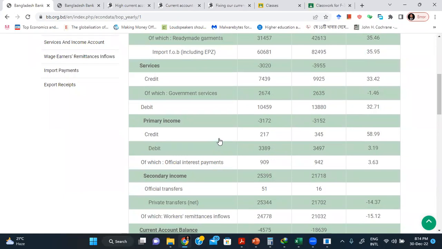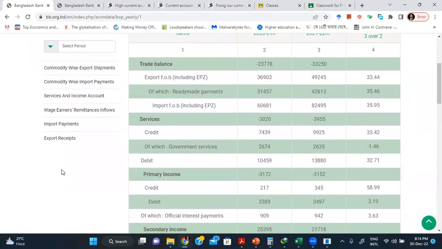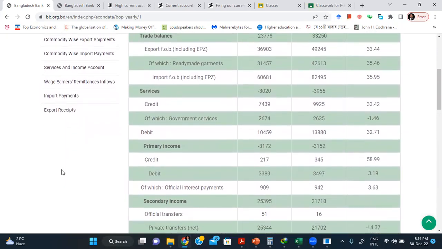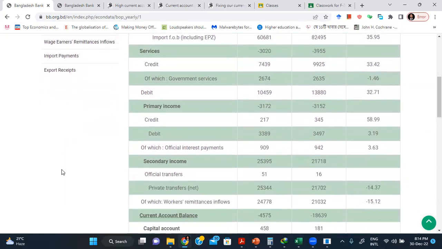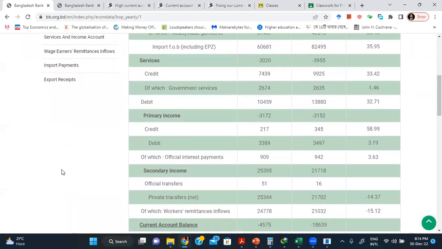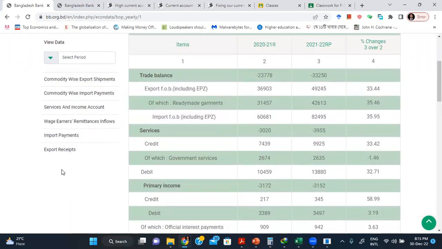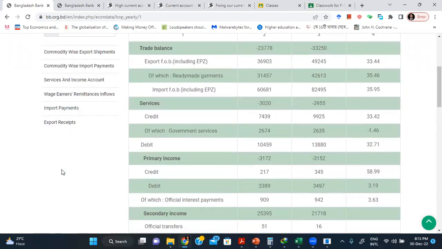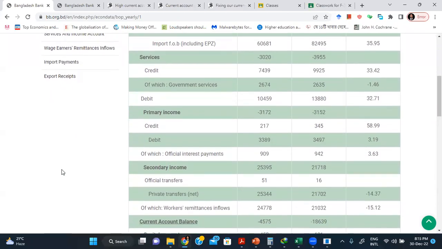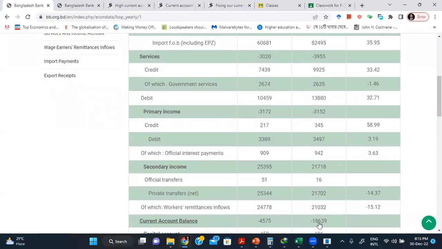Out of all the numbers, can you write it down in your chat box? What is the current account balance of Bangladesh right now? I mean, the latest figure. So in short, it is about minus $18 billion.